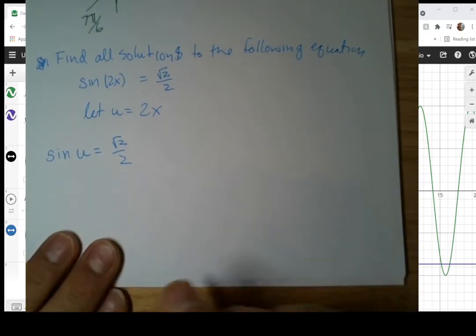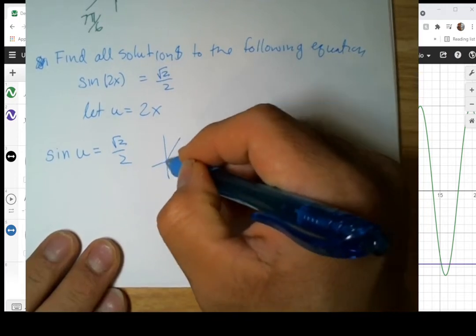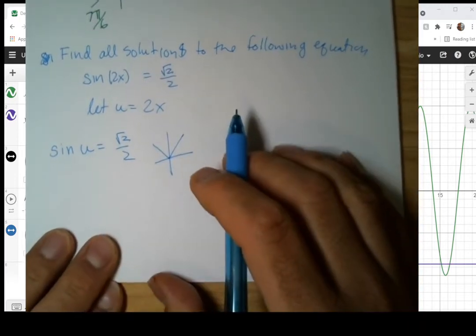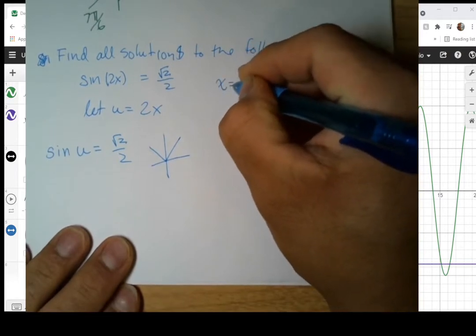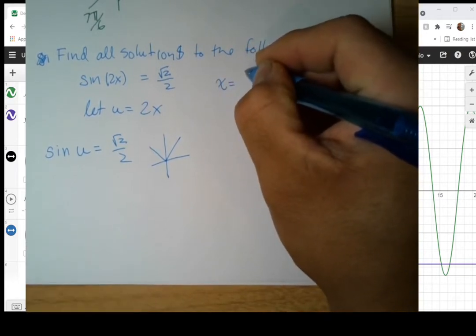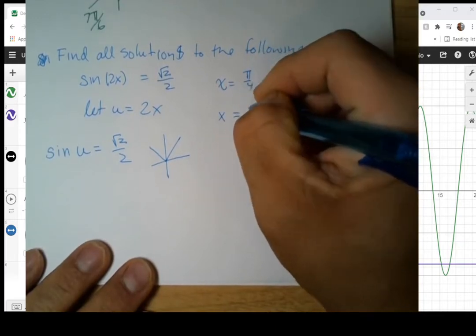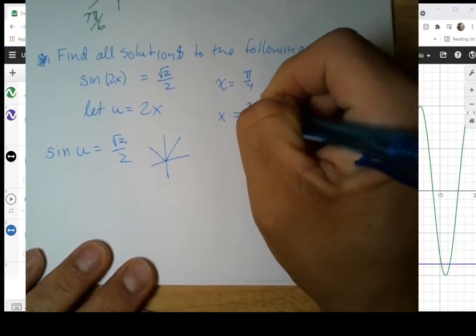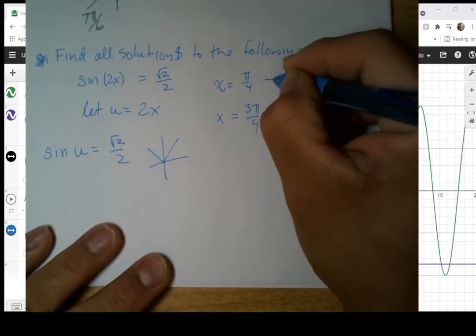It corresponds to when sine is positive, and that happens in quadrant 1 and quadrant 2. Those angles are u equals pi over 4 in quadrant 1, and in quadrant 2 we have 3 pi over 4. But again, the sine function is also periodic, with a period of 2 pi.